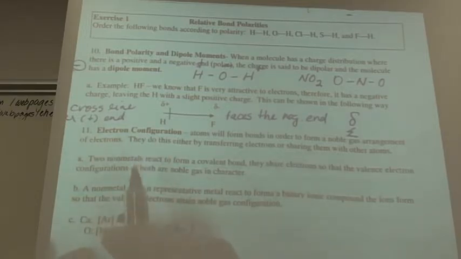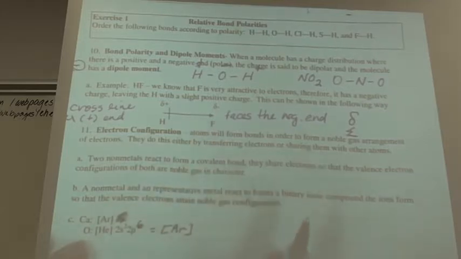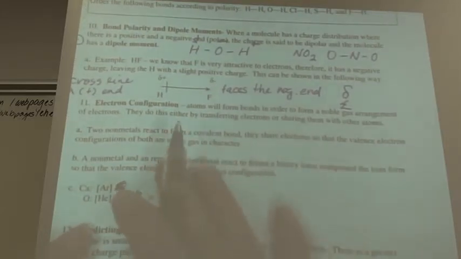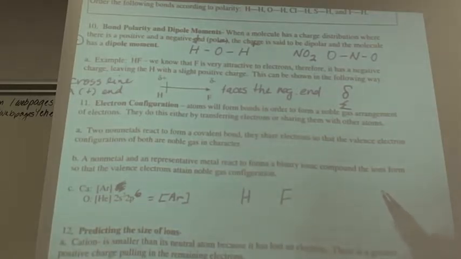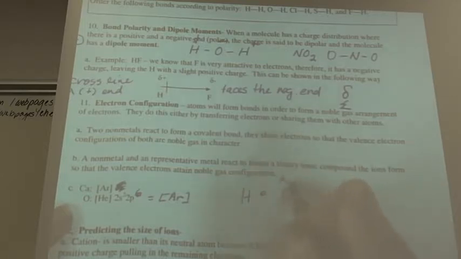Okay. Now when we have two nonmetals reacting to form a covalent bond, they share electrons so that their electron configurations are in noble gas configuration also. When we do that, we generally draw a Lewis dot diagram where we make dots or some other character for the valence electrons. Remember that hydrogen has 1, where fluorine has 7 valence electrons.